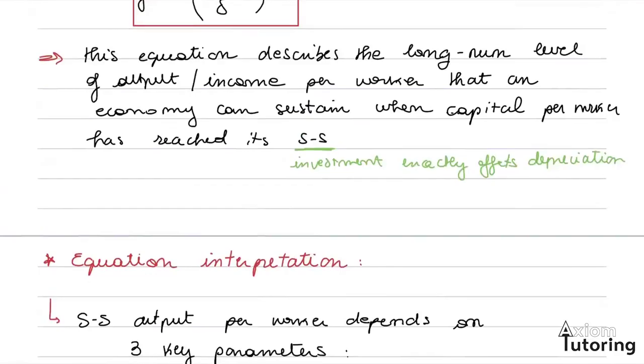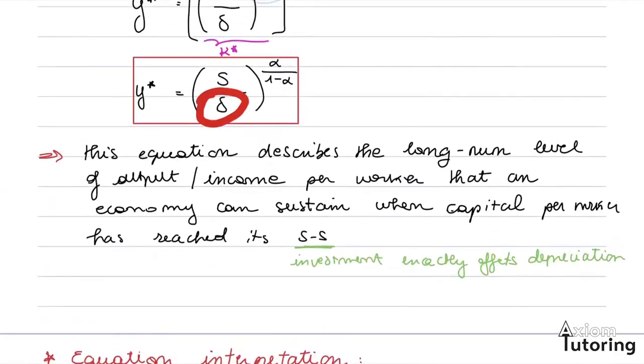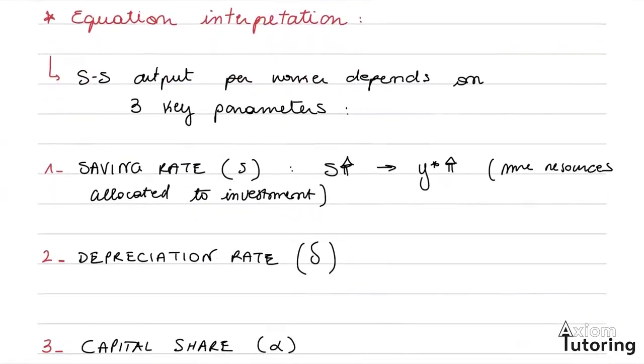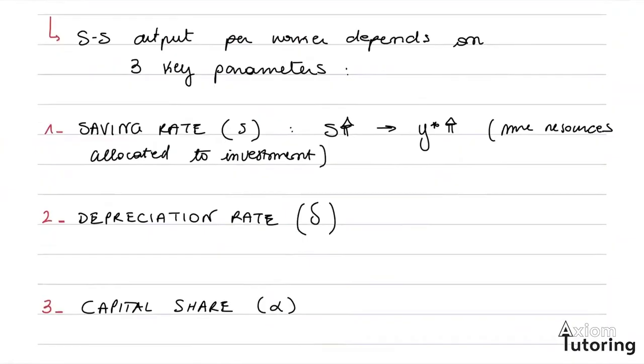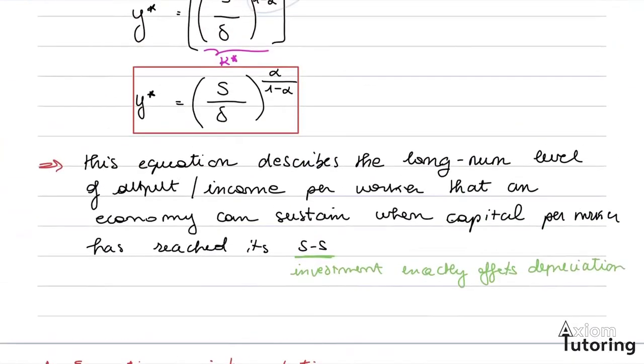Then, in the denominator of our equation, we've got the depreciation rate. And this is the second key parameter. So a higher depreciation rate is going to decrease our optimal level of output in the steady state. Of course, if this goes up, the denominator in the fraction is bigger, meaning that the whole fraction is going to go down and hence output is going to decrease.